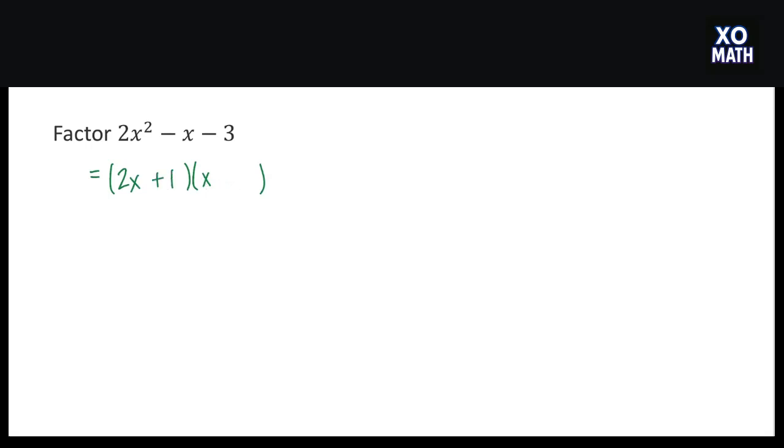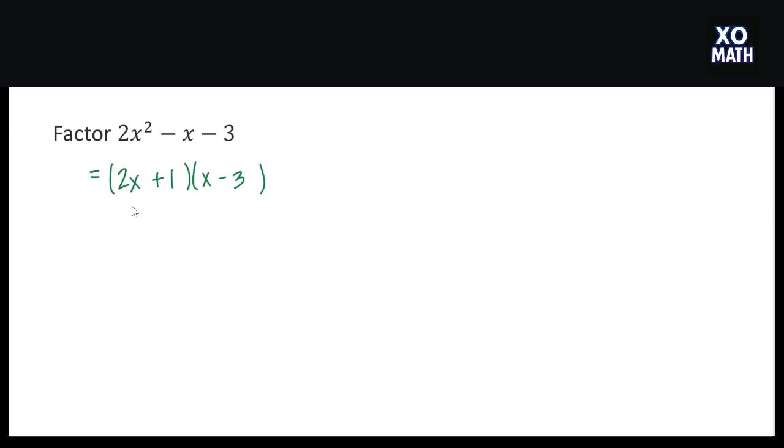The positive 1 with the 2x and the minus 3 with the x. When I check outer and inner, those are going to give me different values. So I really have to cleverly perform my guess to make sure that my check on the middle term is accurate. So the way that I've left it, let's see if that works out.